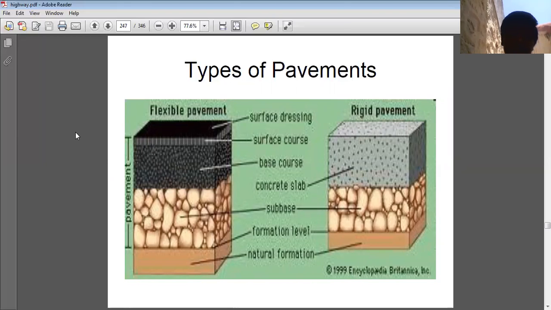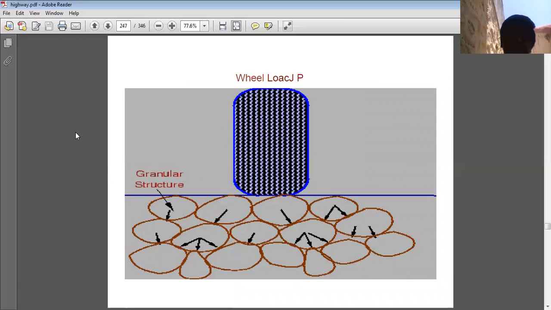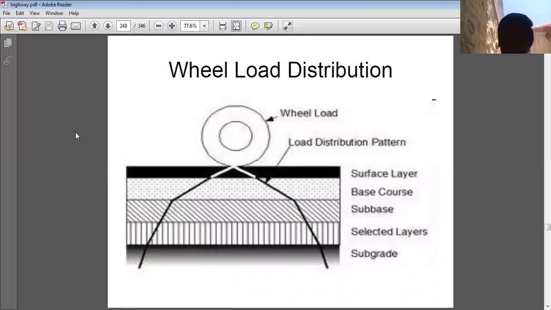Surface course, base course, concrete slab, sub-base, formation level, natural formation. The sub-layers are aggregates, granular structures. Continuous distribution of load is provided here. Load distribution: surface layer, base course, sub-base, selected layers, and subgrade. Continuous distribution of load occurs here.